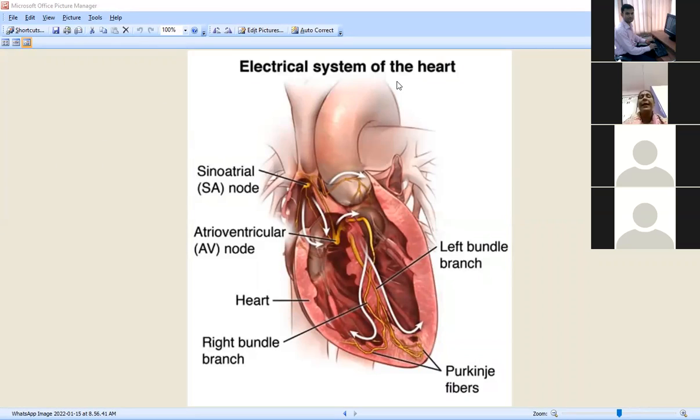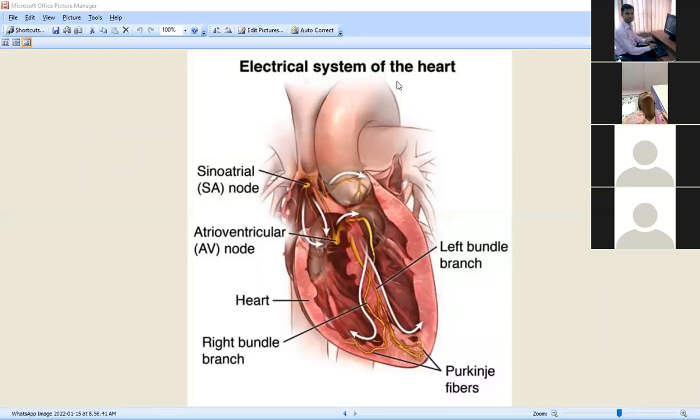And this electrical signal is given by the sodium potassium pump. We have cells, and inside our cells we have sodium as well as potassium ions, and these sodium and potassium ions provide an electrical signal to our body. So in this way pumping of blood occurs in our body.